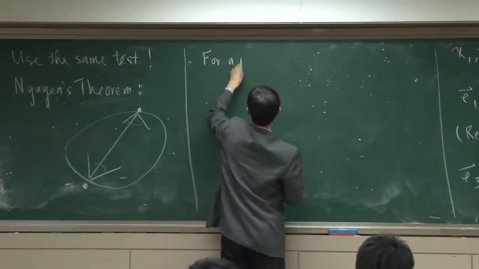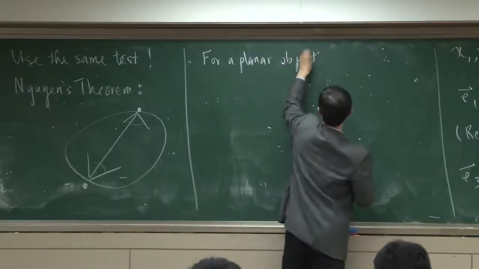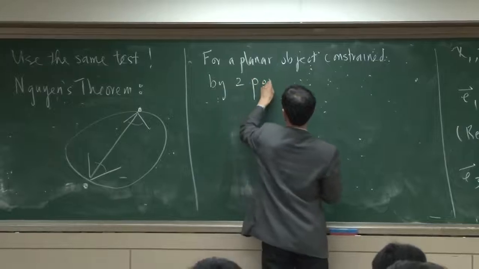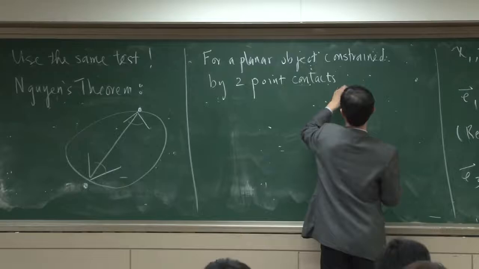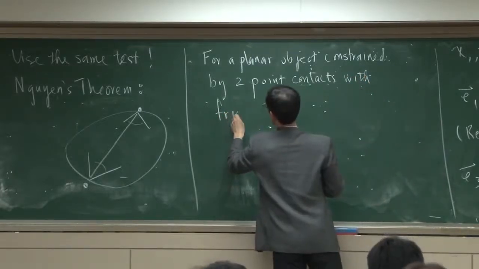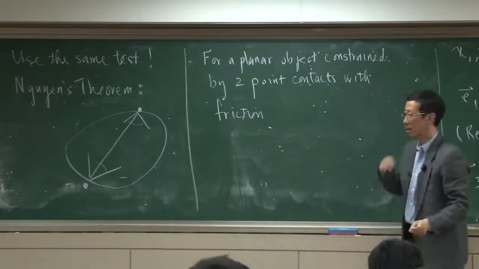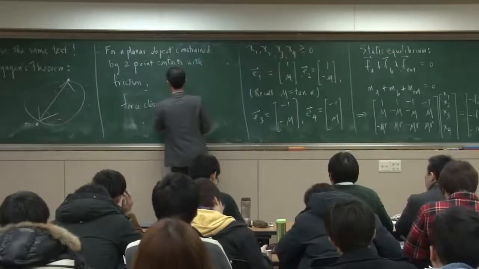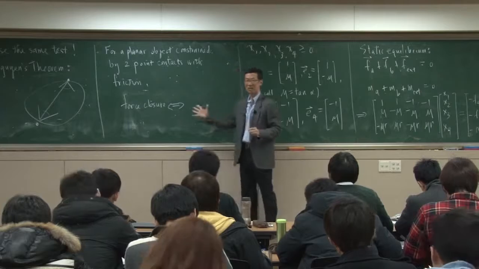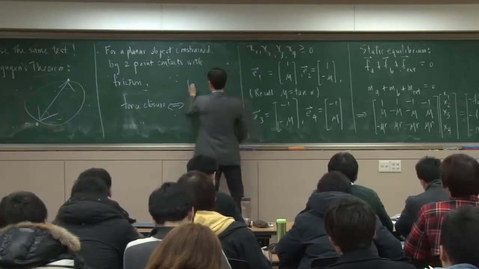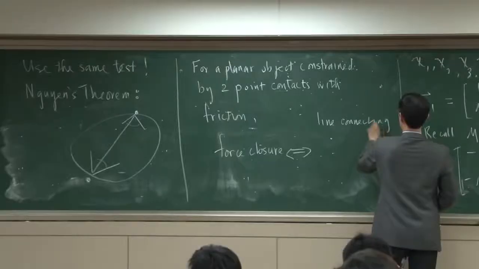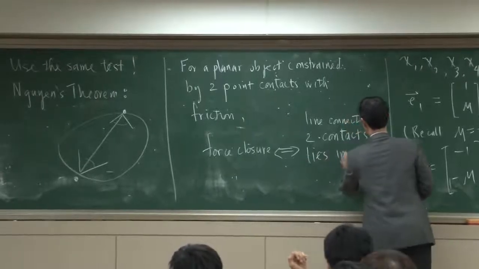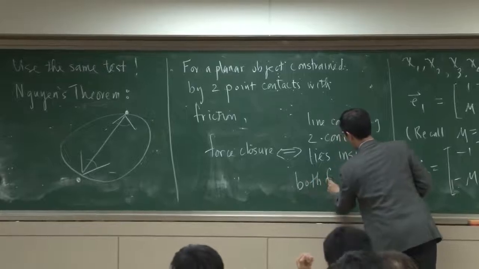So for a planar object constrained by 2 point contacts with friction, force closure is necessary and sufficient, if and only if, the line connecting the 2 contacts lies inside both friction cones.